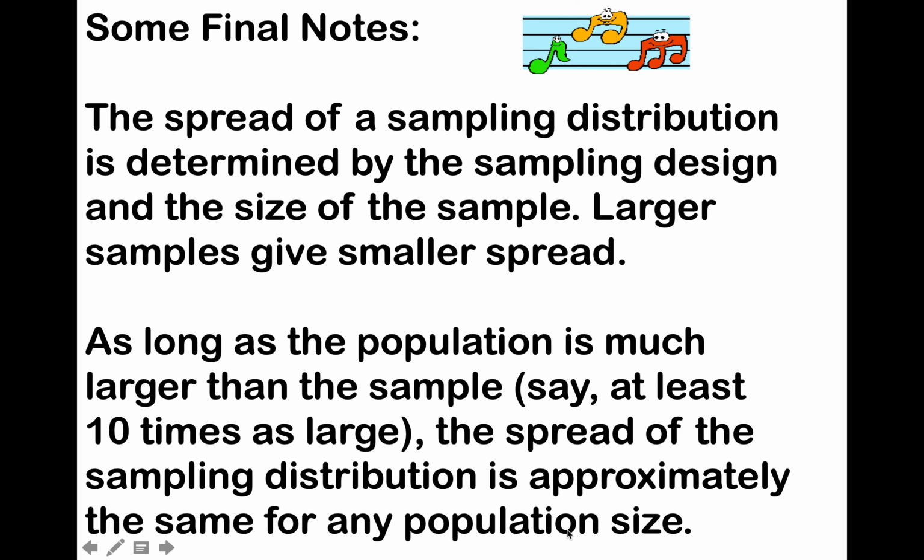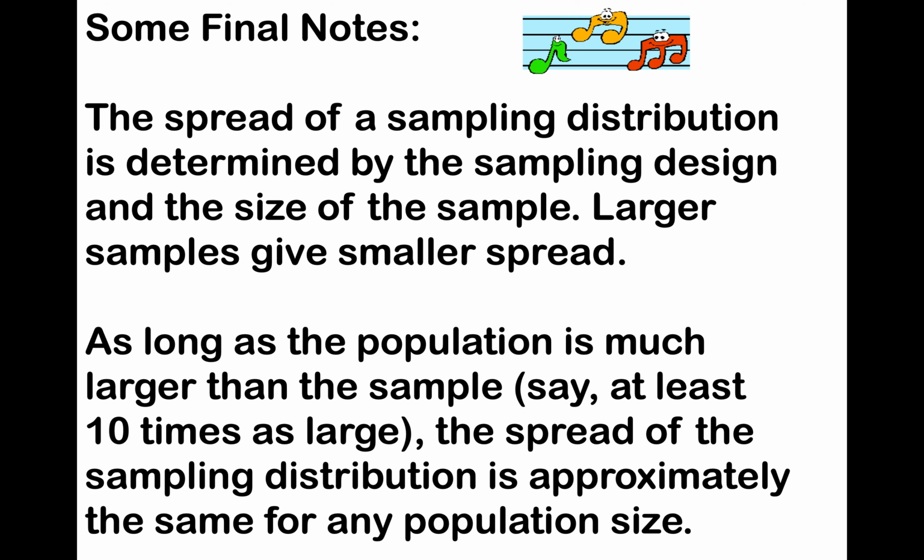If you are trying to estimate the true parameter of everyone in the United States for something, and you take a sample of, say, 2,500, you're going to get just as good results as if you only wanted to know the state of Ohio, and you took a sample from the state of Ohio to find out their proportion.